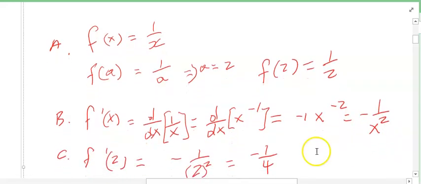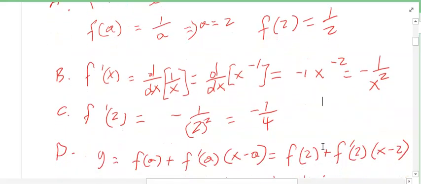Now we want to find the derivative at the point x equals 2. So f prime of 2 would be equal to negative 1 over 2 squared, which is negative 1/4.